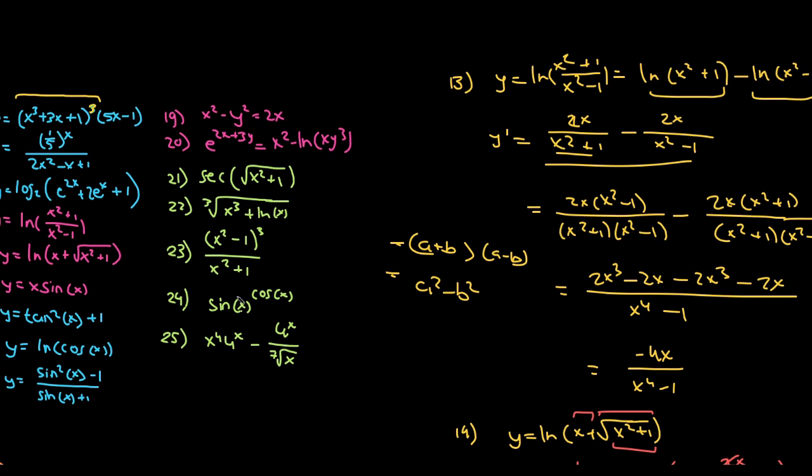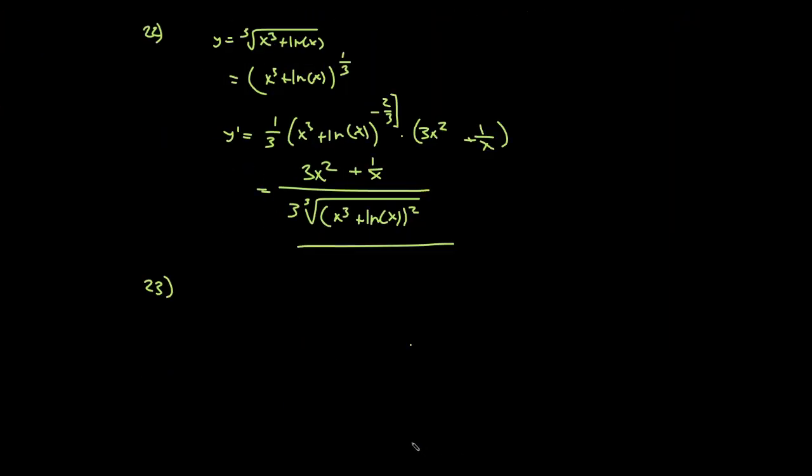23 is going to be x squared minus 1 all to the power of 3 divided by x squared plus 1. So this looks like a big quotient rule one. So that's y. I don't see any simplifications yet.